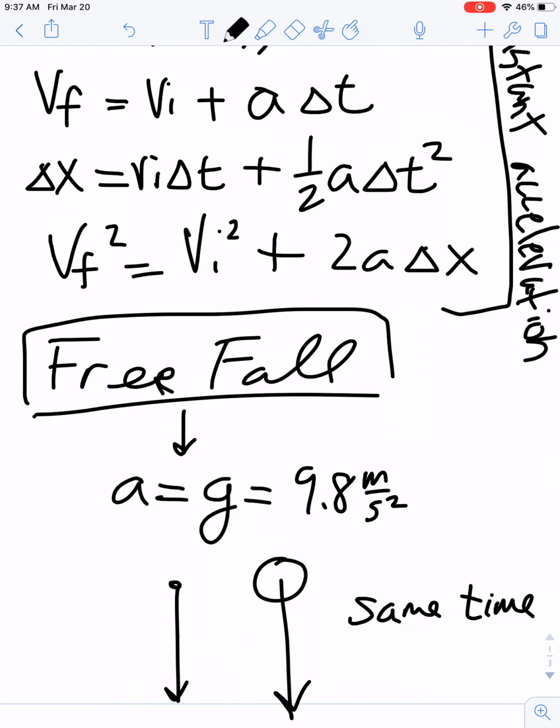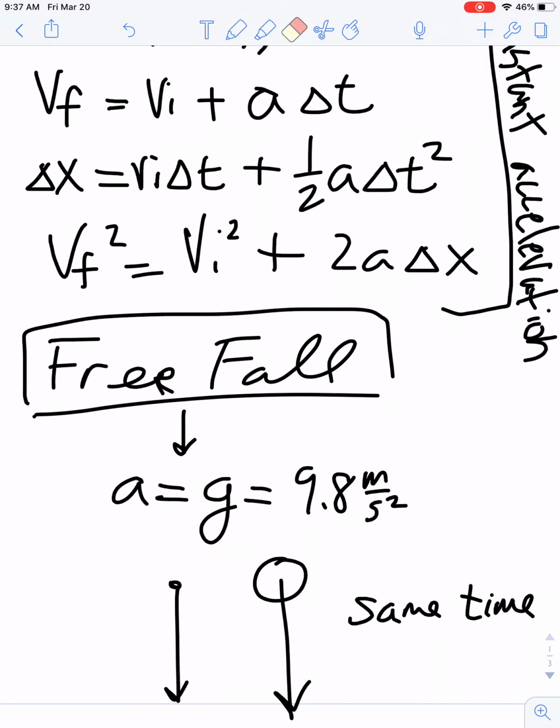So it doesn't matter. I mean, if you have a boulder and a penny, and you drop them from the same height at the same time, they'll hit the ground at the same time. It's a remarkable fact. It's how gravity works. So without getting too much into that, I want to just take a look at how we would apply these equations to free fall then.